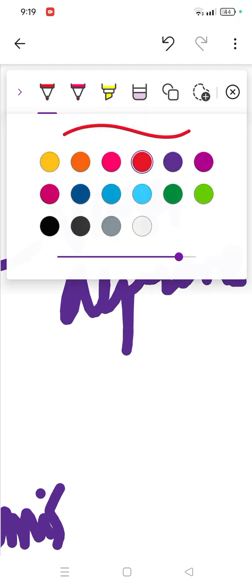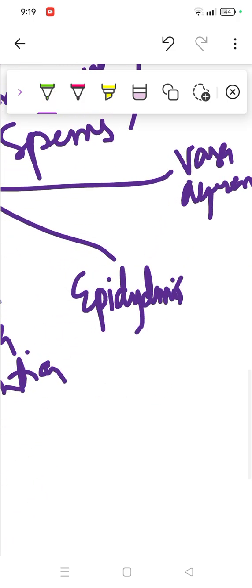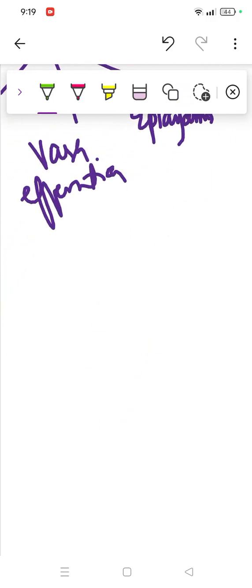After these four, we have a lot of other parts we will see. Before I continue, let's go to the picture. I'll make a rough picture. First, you'll see a structure like this.